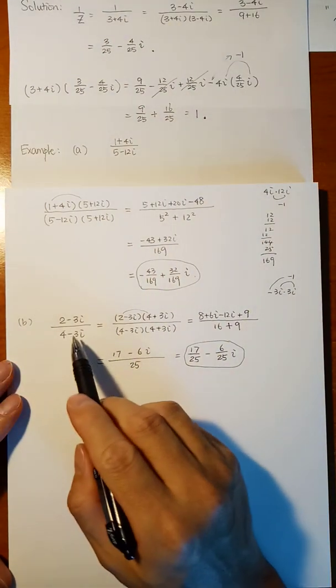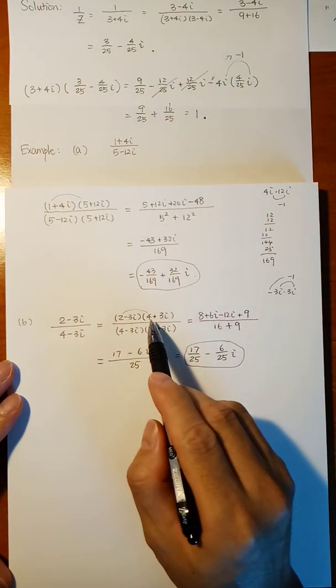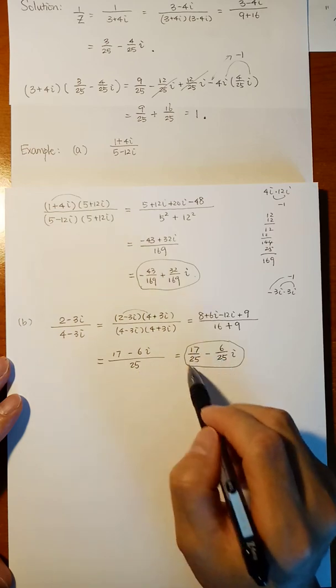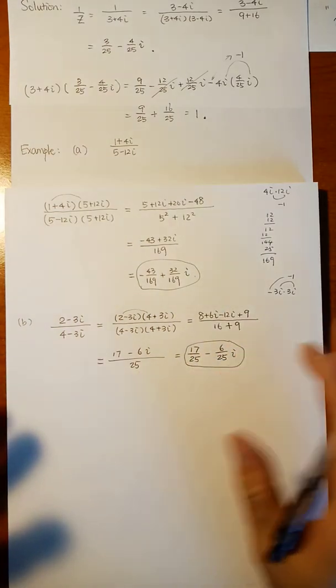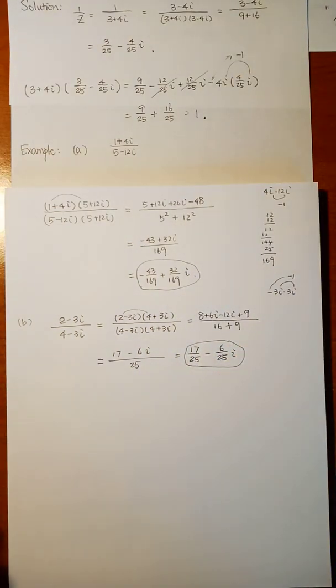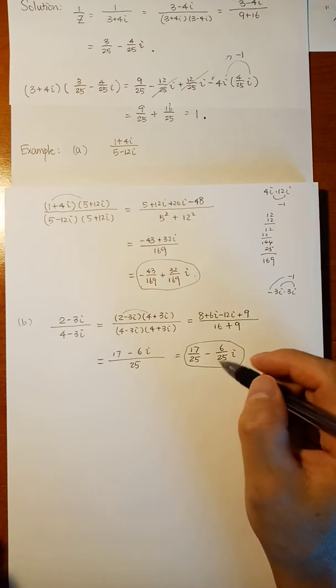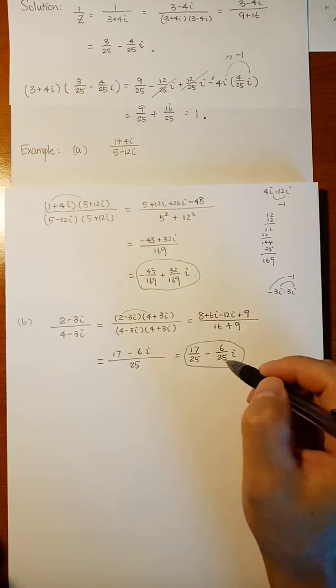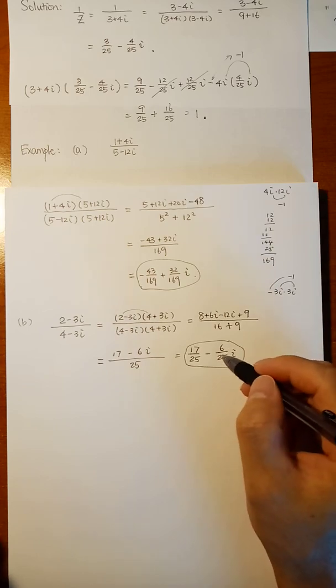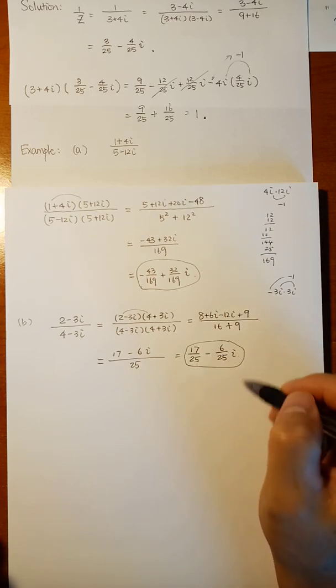And after that, the numerator is the product of two complex numbers. And then you just be careful about the calculation, write down the final answer in the standard form. Whenever you write a complex number, you always write like a plus or minus bi, a number plus or minus another number times i.